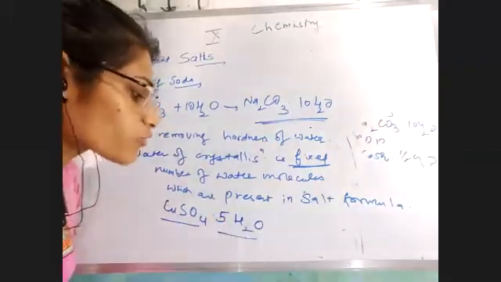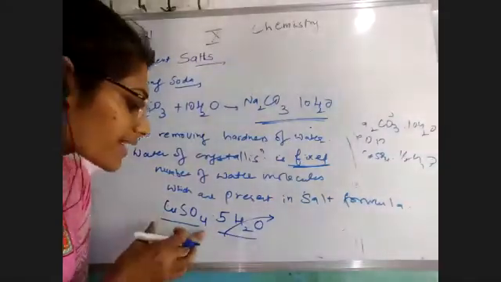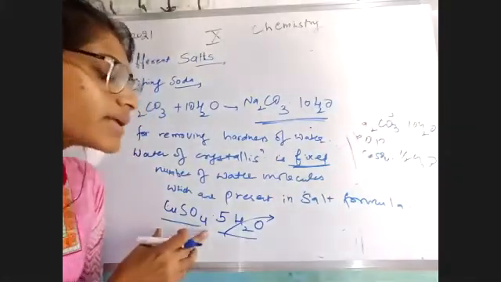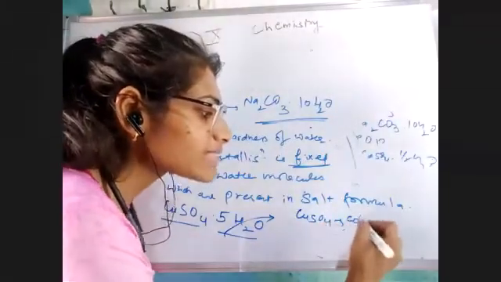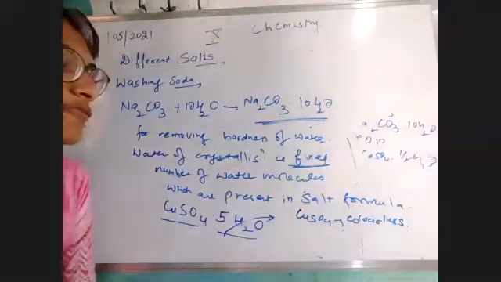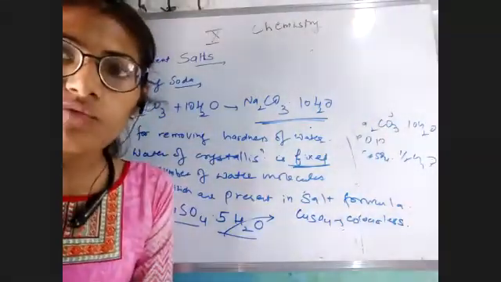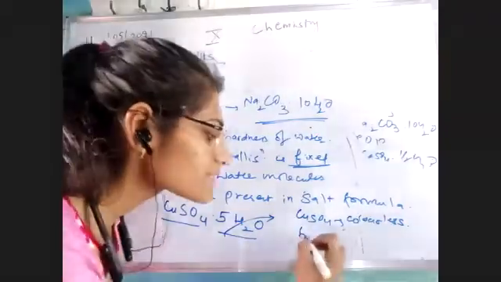The 5 moles of water would be released as vapor whenever I heat it. So we are left with copper sulfate, which is colorless in nature. And when we react it with 5 moles of water, it would become copper sulfate pentahydrate, and this is blue in nature.